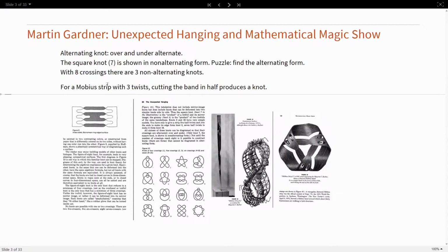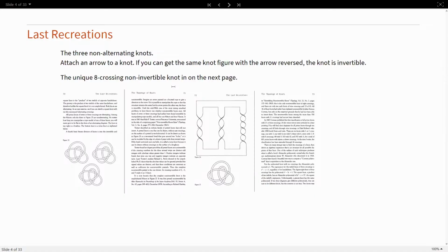For example, you could cut them in half and get a strip with 2 twists, or you could do like Escher did here and cut it in half, a strip with 3 twists, and you get a knot. Here are the 3 knots that cannot be made into an alternating form.